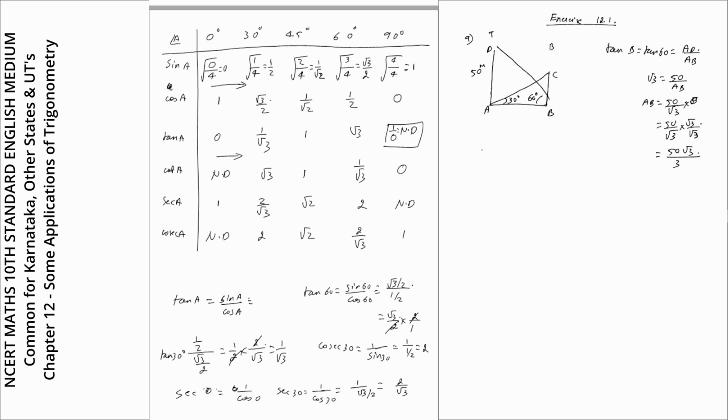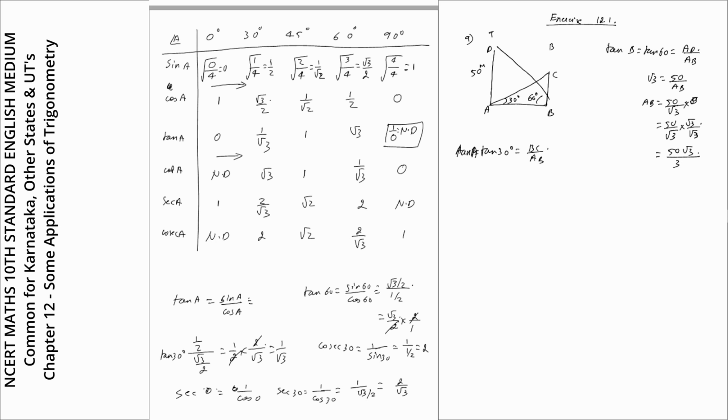Now with respect to angle A, tan of 30 degree is equal to opposite by adjacent. Okay, this is tan A. Tan A is tan 30 degree. So with respect to angle A, this is now opposite by adjacent, that is BC by AB.